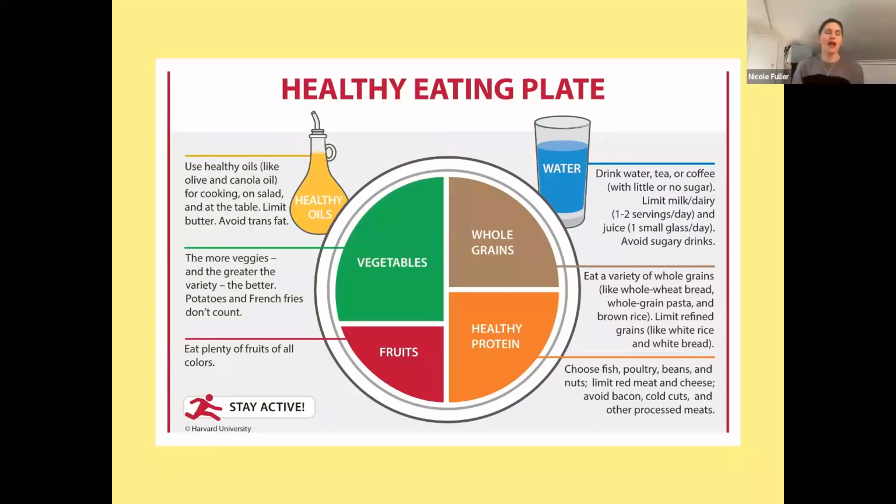You could even do tofu or tempeh, avoiding red meat, processed meats, things like bacon, for instance, sausage, and healthy fats. So olive oil, avocado oil, nuts and seeds have healthy fats as well. And eating fruit, and making sure you're drinking enough water.